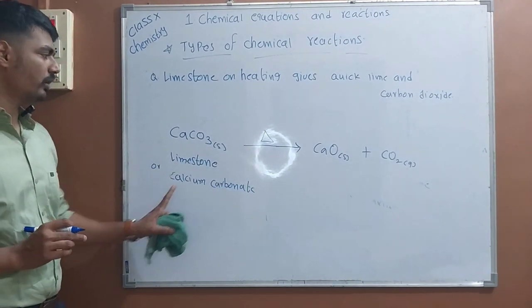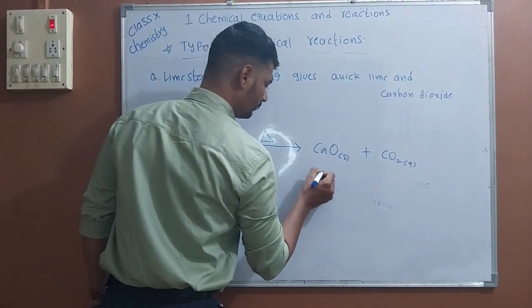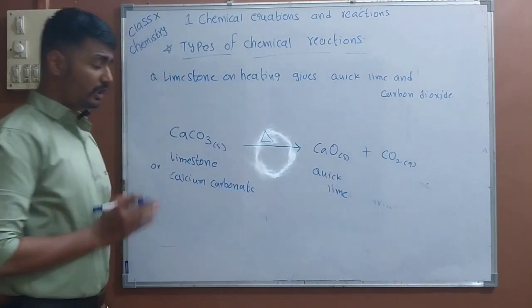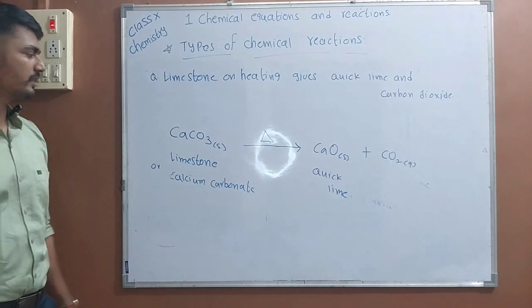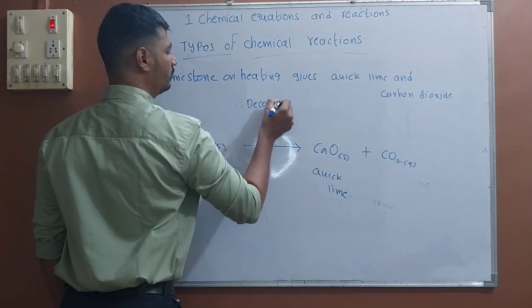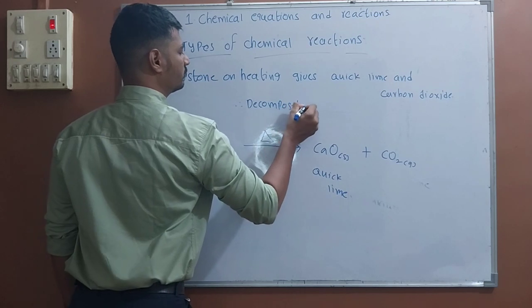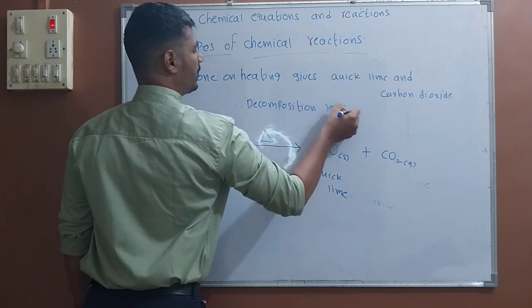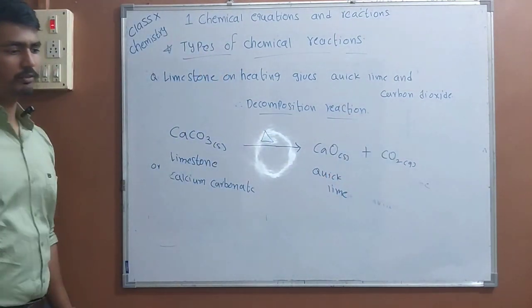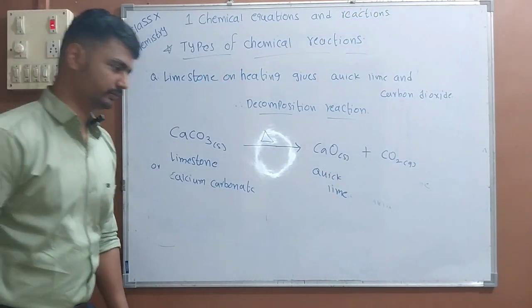So calcium carbonate on heating gives quicklime and carbon dioxide. This is the example of a decomposition reaction.